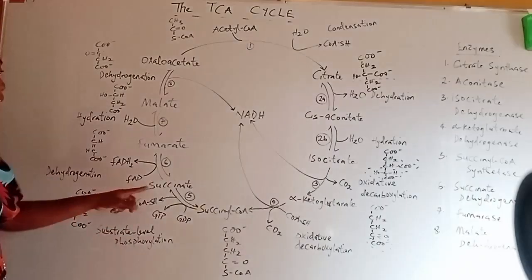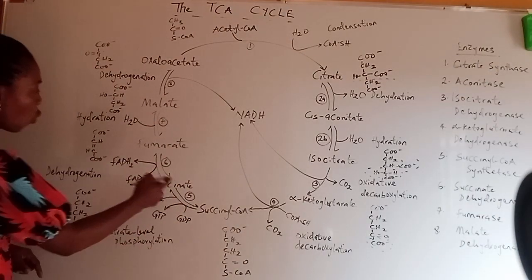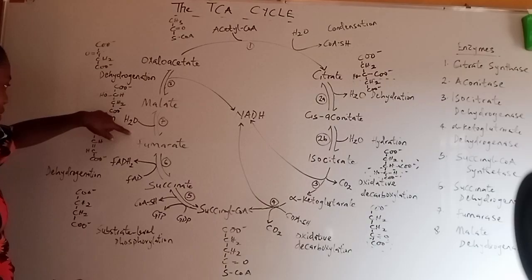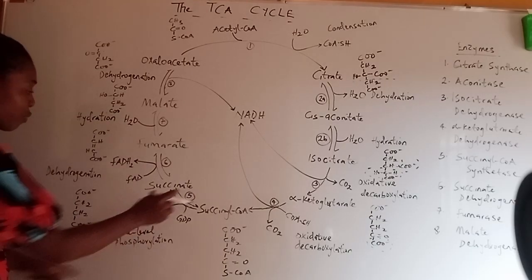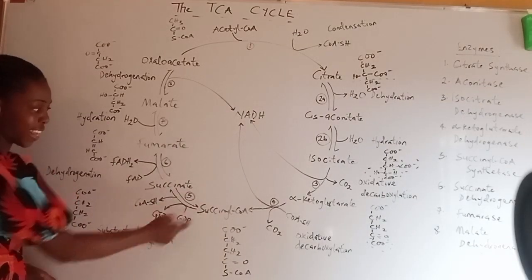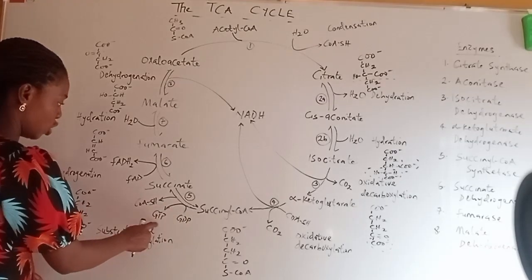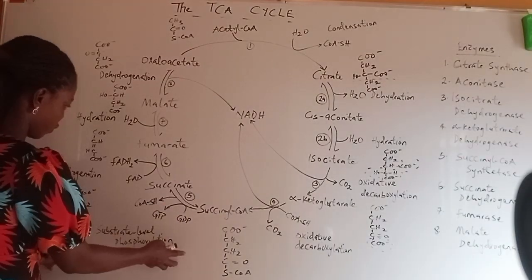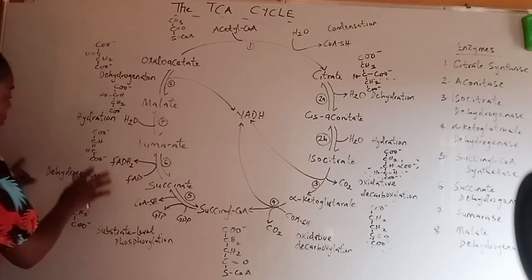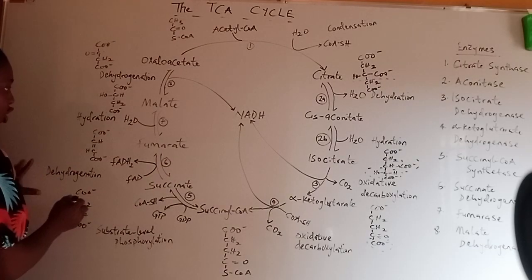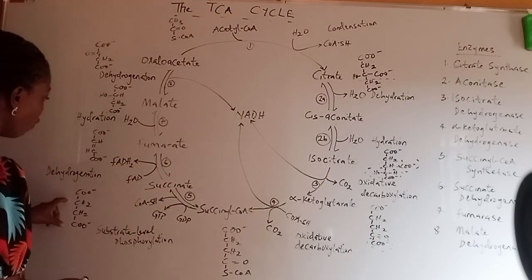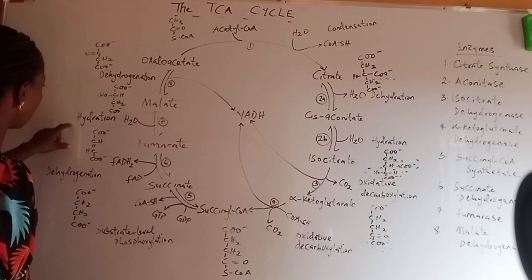succinate. And then at step 6, we see succinate converted to fumarate. This step 5, we say is substrate level phosphorylation. The energy in this bond is used to phosphorylate GDP to GTP, so we call it substrate level phosphorylation. At step 6, what we have here is simply dehydrogenation, where 2 hydrogens are removed from succinate to give us fumarate.